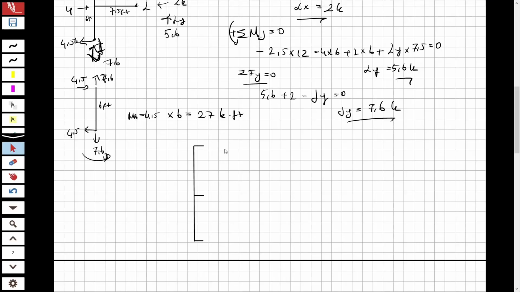And for this shape, we have a force here. We have a force here as 5. And we have an upper direction force here as 7.5, right?